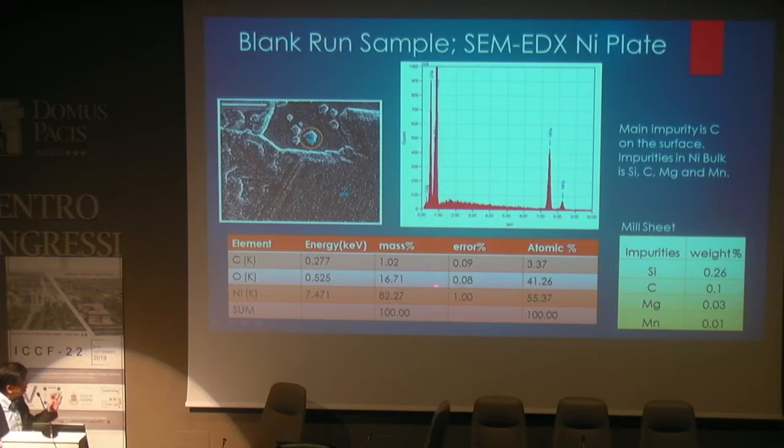Almost all is nickel, but contamination of carbon and oxygen is here. According to the mill sheet, the nickel plate has silicon and manganese like this.